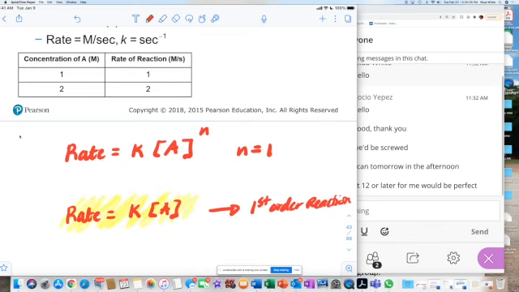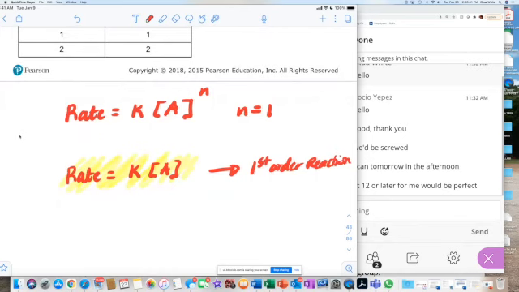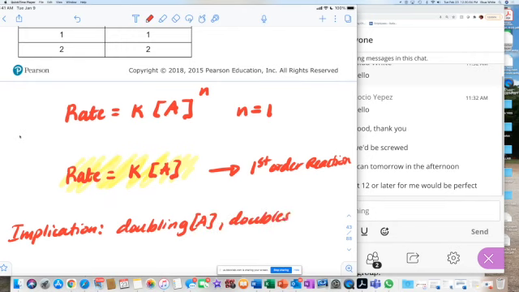Okay. What's next? Implication. What does this mean? How does this affect your life? Implication: doubling the A concentration doubles the rate of reaction.